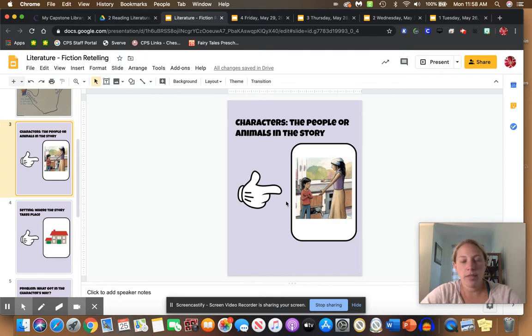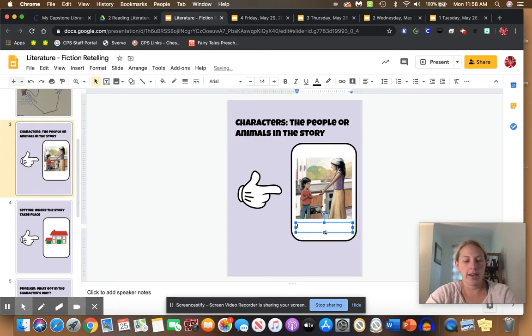I can push my thinking a little bit and go back and add some labels, which I might do. We have Billy, Mom, and the big gray cat. Let me make that bigger so you could read it.